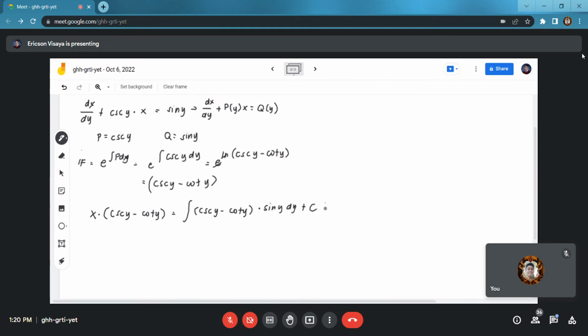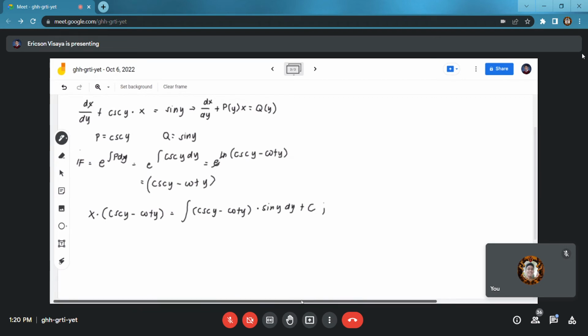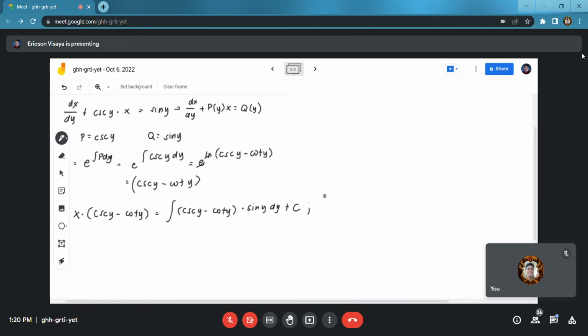Before we integrate, we know that cosecant Y is equal to 1 over sine Y, and cotangent Y is equal to cosine Y all over sine Y.